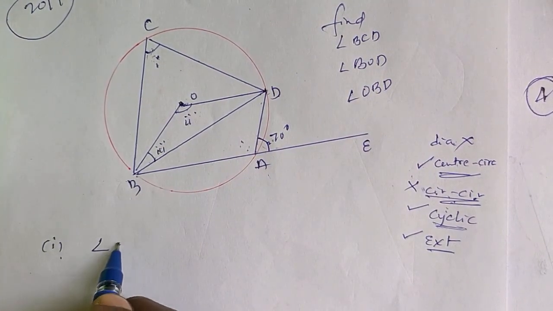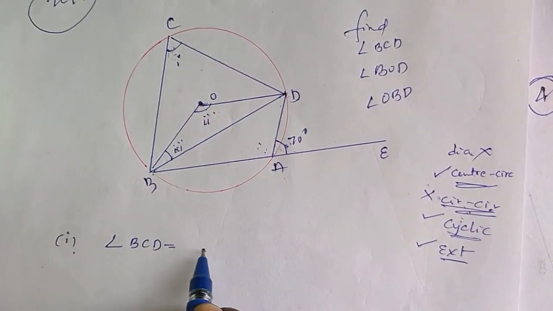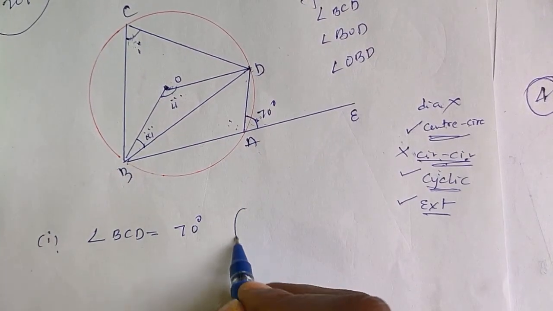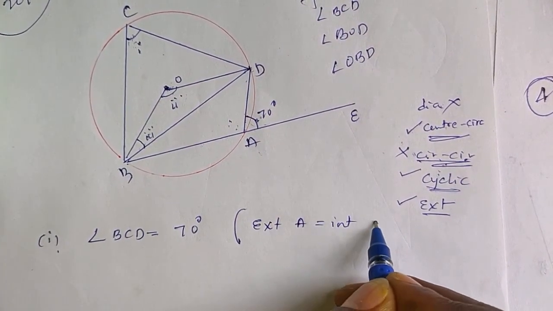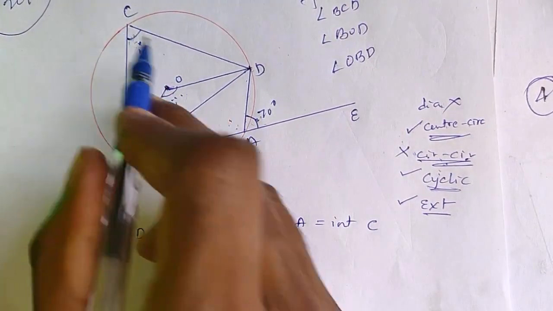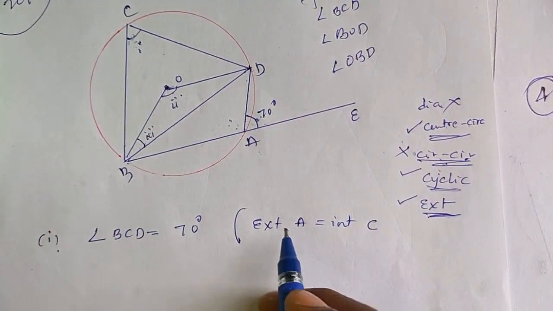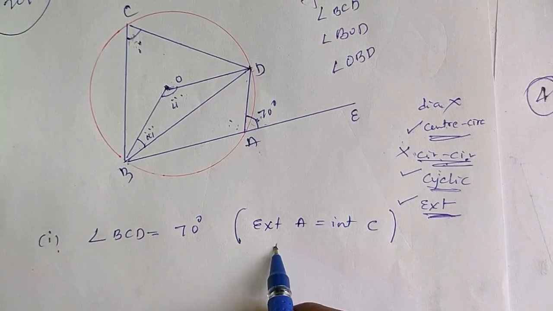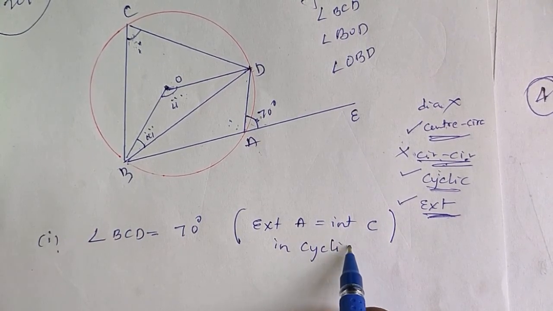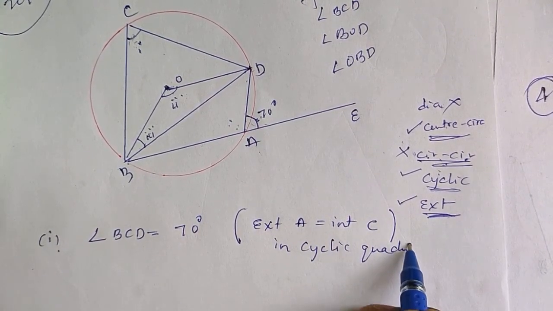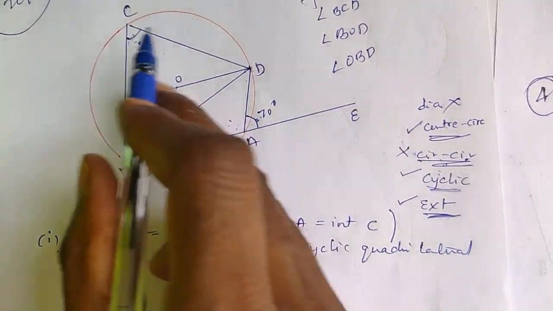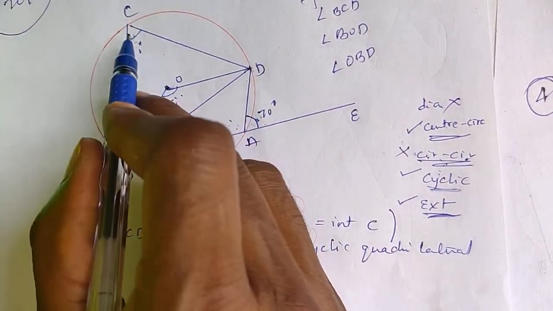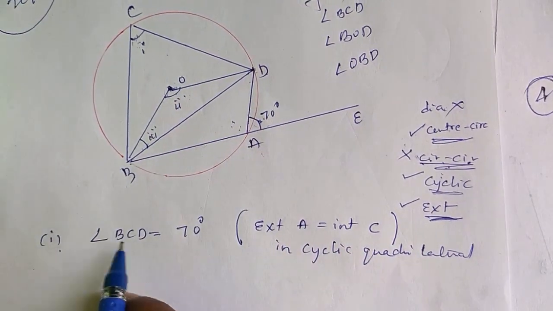First sub question, angle BCD is directly equal to 70 degrees. How? Because exterior A will be equal to interior C, by that last theorem in cyclic quadrilateral. That I used. First one I got.